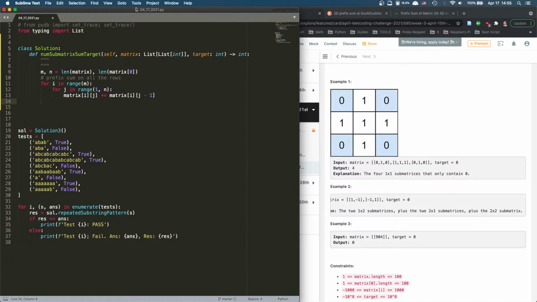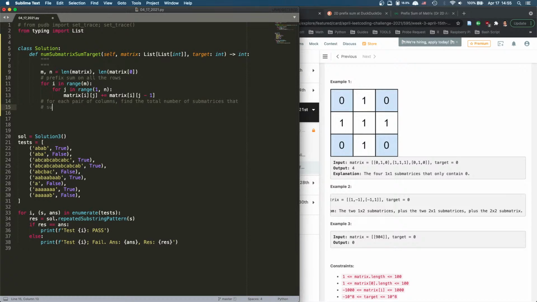And then I'm going to use P, Q. Then we're going to say for each pair of columns, find the total number of submatrices that sum up to target, right?